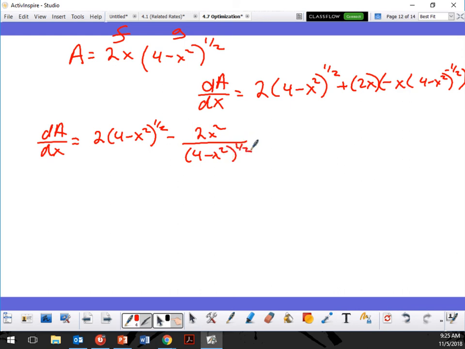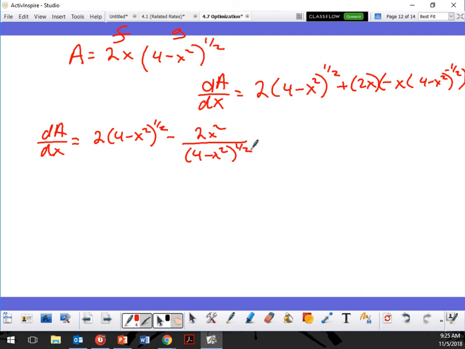Now, to be able to do this again, I need a common denominator, because minimize, maximize, optimize, I need to have one function there, right? So I'm going to multiply top and bottom by the common denominator. If I'm multiplying this to the 1/2 times another one to the 1/2, that's going to give me a whole.